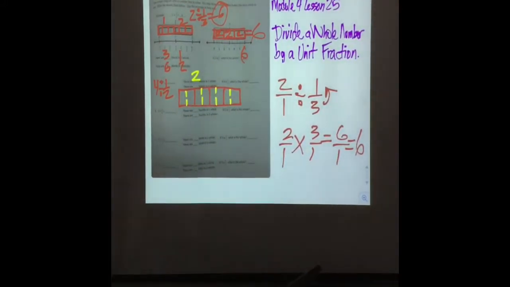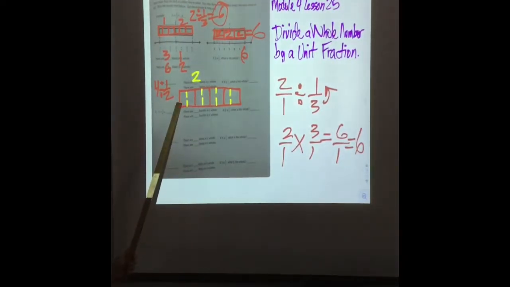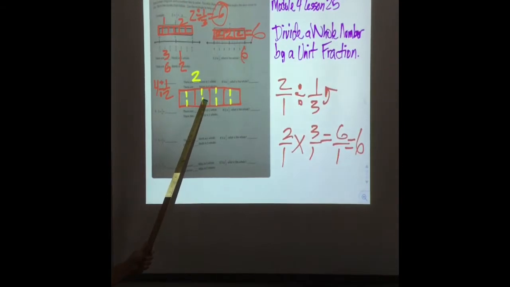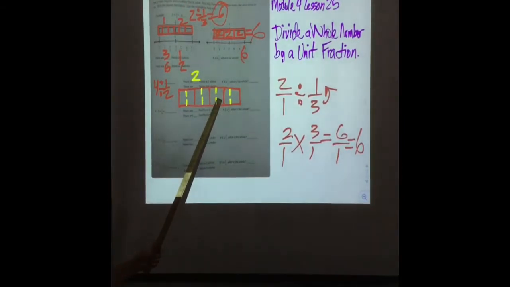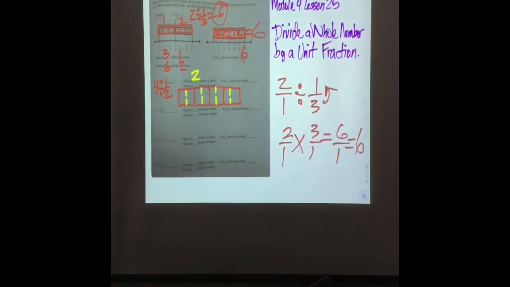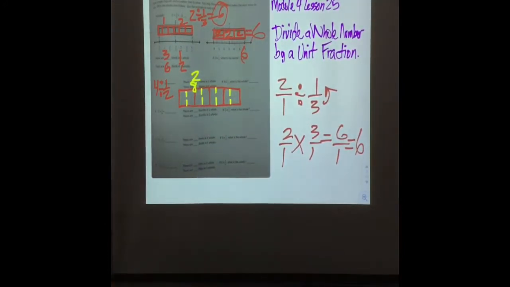Well, we can say this is 1/2, 2 halves, 3 halves, 4 halves, 5 halves, 6 halves, 7 halves, 8 halves. So I have 8 halves in 4 wholes, right? Does that make sense? Great.